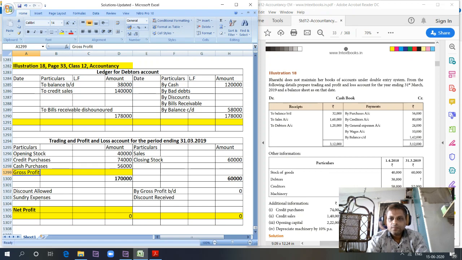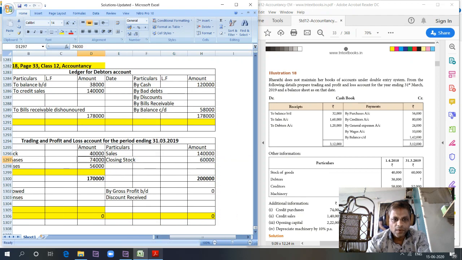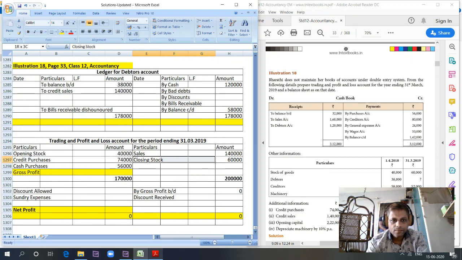And we have credit sales. Yes, we have credit sales of 1,40,000. Do we have cash sales? Yes, we do have cash sales. What is the cash sales value? 1,60,000.